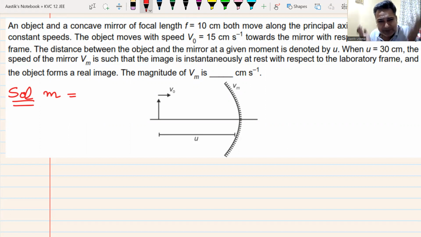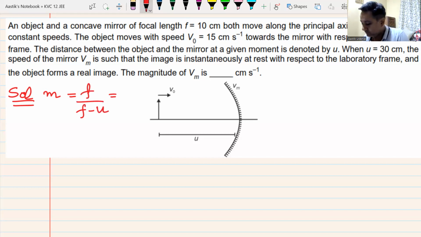It's an integer type, so minus 15/2 is not possible. Tell me the formula for magnification first. It is f by f minus u. Tell me the answer for magnification. Minus 1 by 2. One thing is done: minus 1/2.